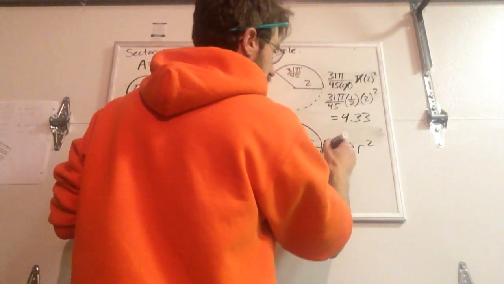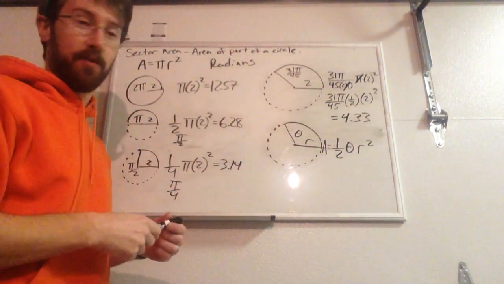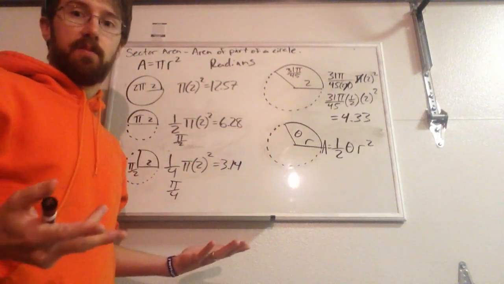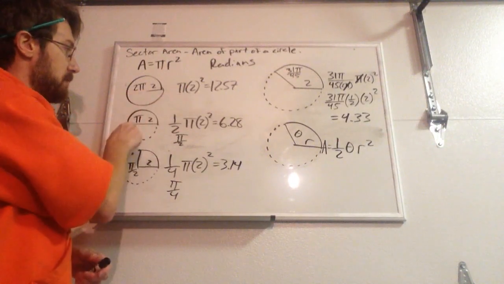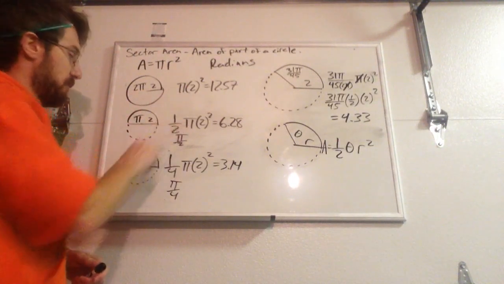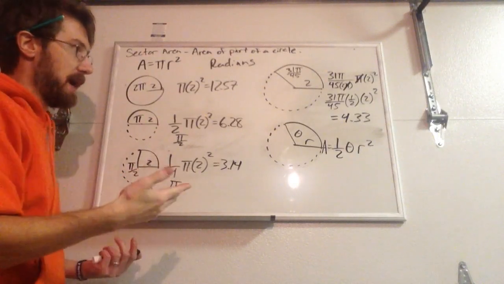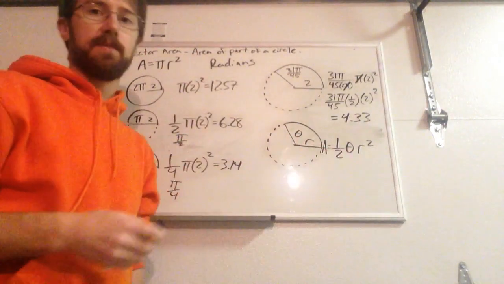I should throw an A in there, because I get an A for how awesome the video was. No, because it's area. So again, looking back at what happened, 2 pi became pi, pi became pi over 2 in the formula, pi over 2 became pi over 4 in the formula, or 1/4 pi. It's whatever the radians are divided by 2 times the radius squared.